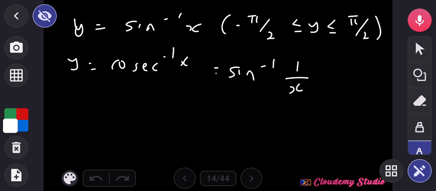So now let us move to the combination of functions, that is also referred to as the composite function. The composite function is given by f of g of x.